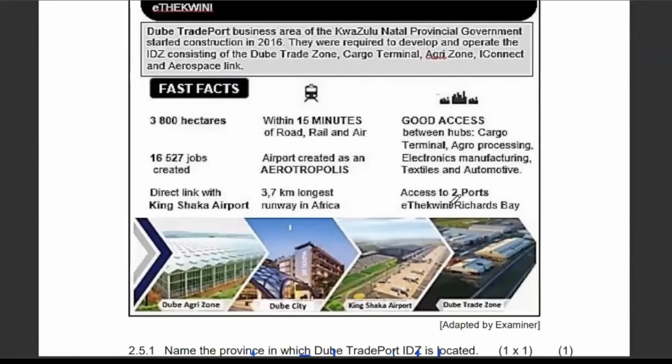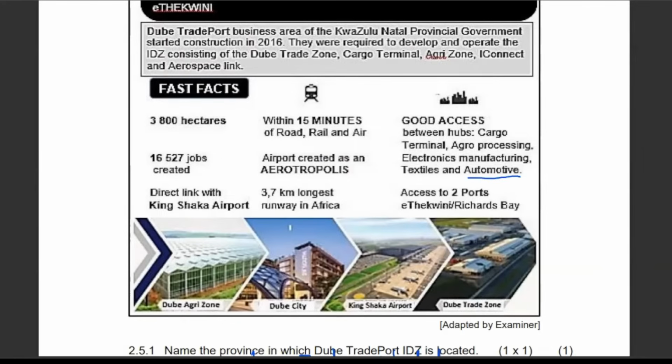If we check, it is talking about the land and accessibility, the runway in Africa. It talks about access to two ports, eThekwini and Durban. If we check here, we find the industries that are found in that zone.